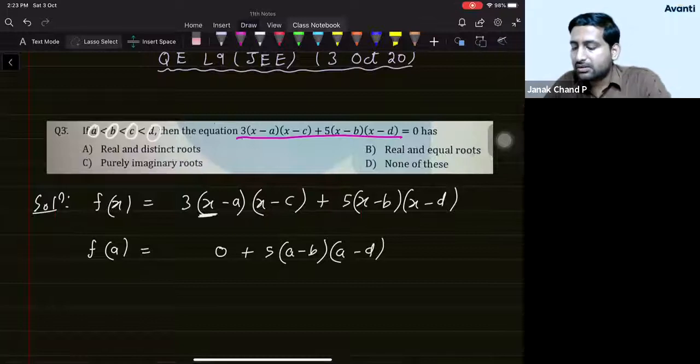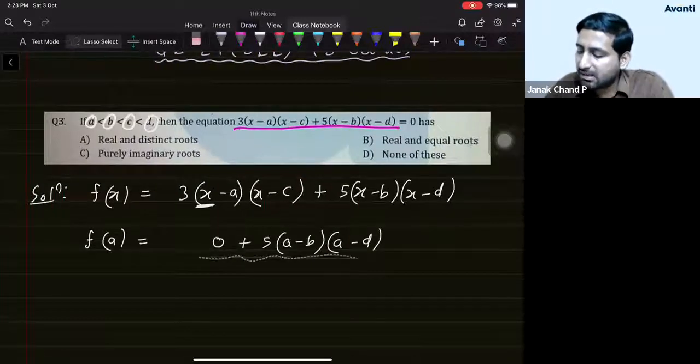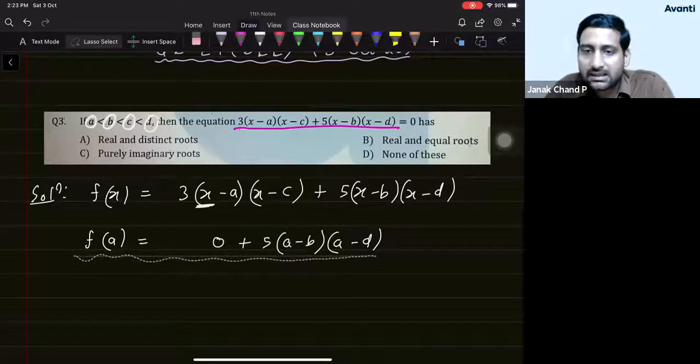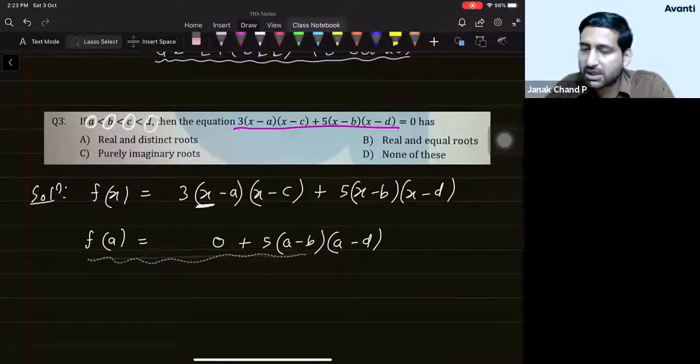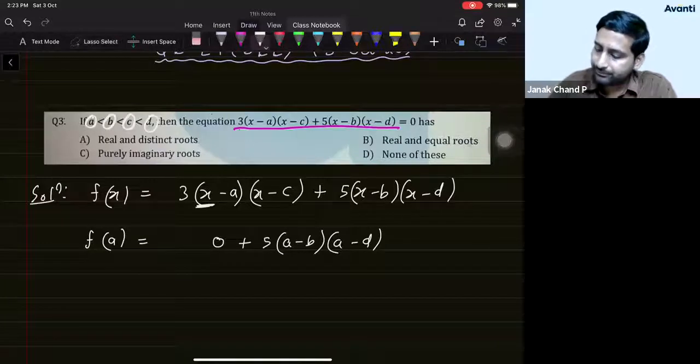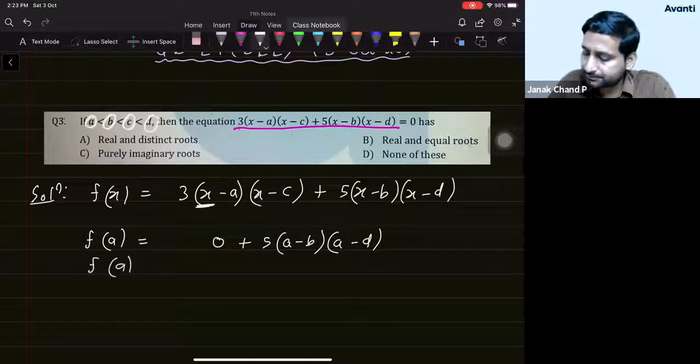So can you tell anything about this? Is this particular line giving you any kind of information? Is there any information that you can extract from this line? So this is nothing but 5 into (A minus B) into (A minus D).